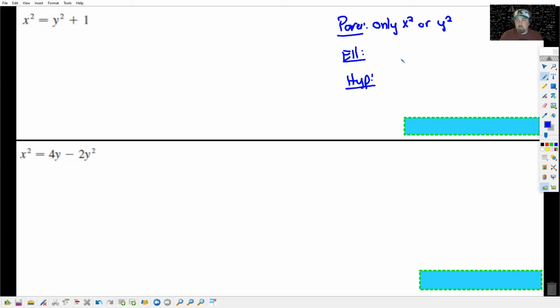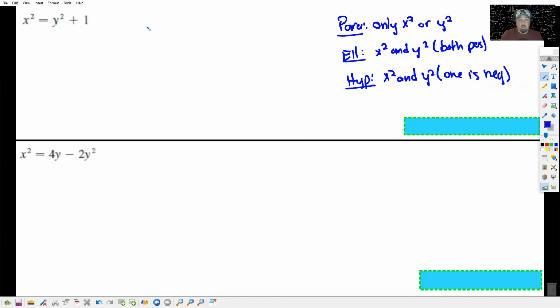When you have an ellipse, you're going to have x squared and a y squared, and they're both going to be positive. Down here, we're going to have x squared and a y squared, but one is negative.